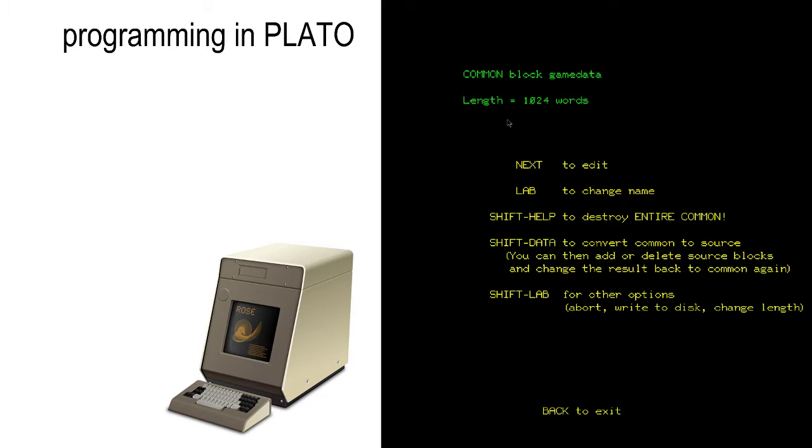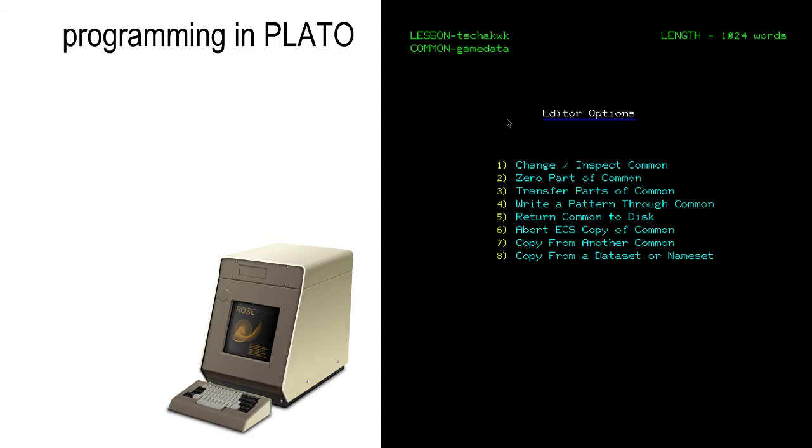You can even convert it from a common block to source block, so you can type in data using the editor and then convert it back to common if you want to. It's kind of interesting that way. But we're just going to go ahead and take a look at the common space. I have a lot of variable space here that I'm going to use, but right now I'm only using really 2 or 3 entries.